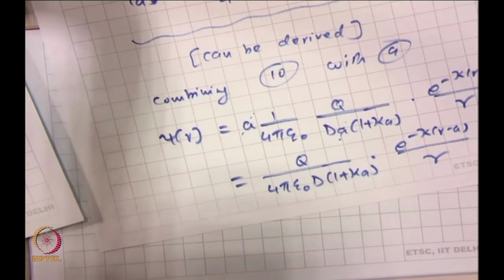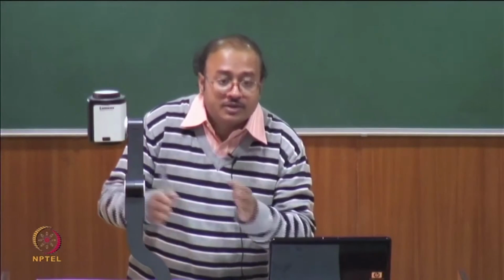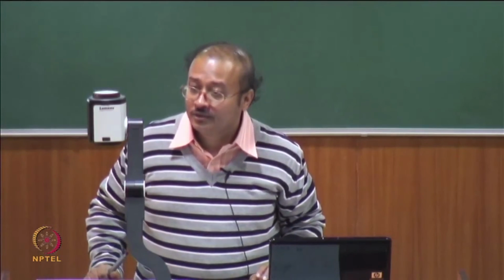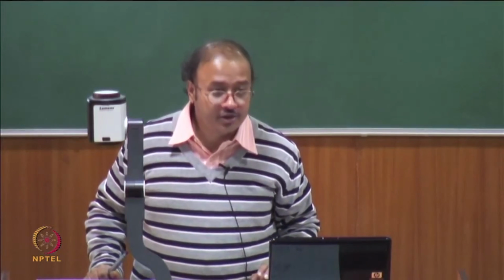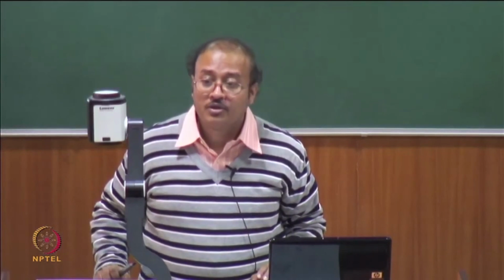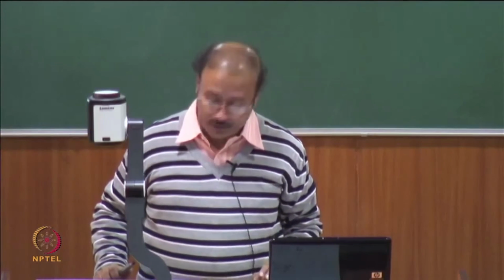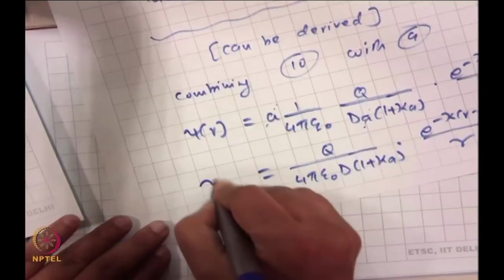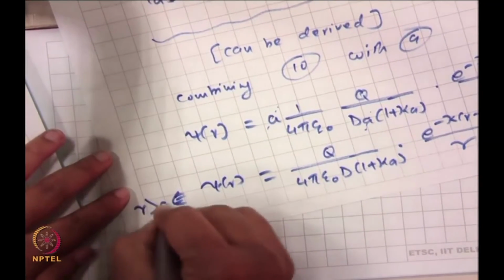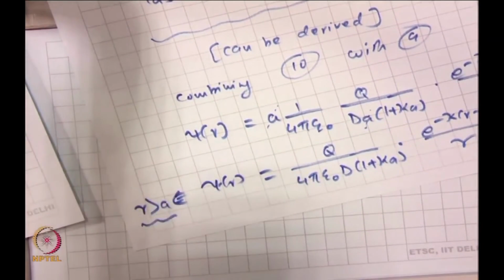It is a small change obviously in the denominator, and the other big thing is the exponential dependence upon the distance r, remembering that r is greater than A all the time.